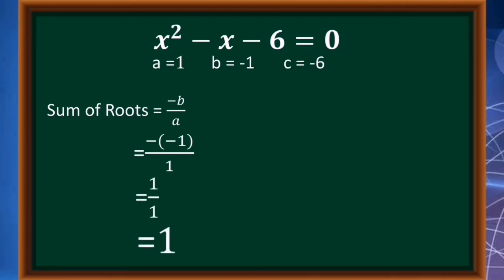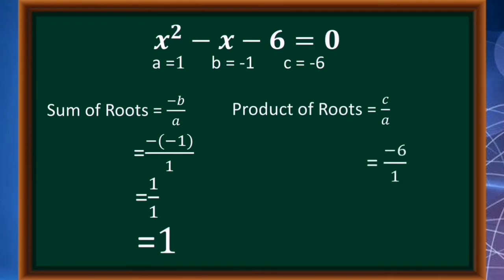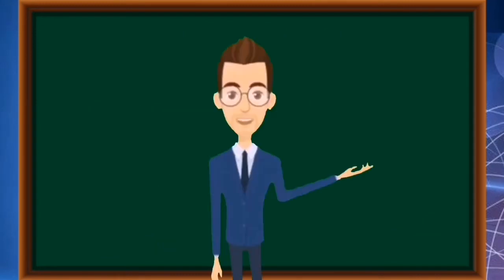Very good. The sum of roots is equal to positive 1. How about the product of roots? Very good. The product of roots is negative 6. Let's try another example.